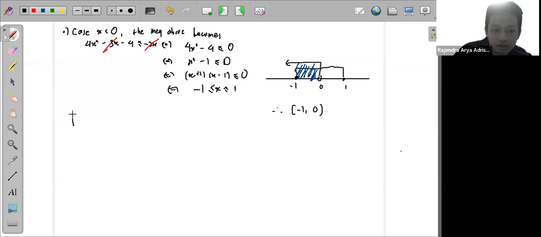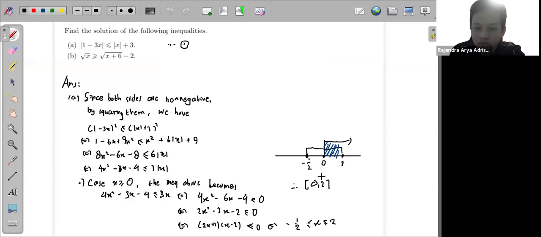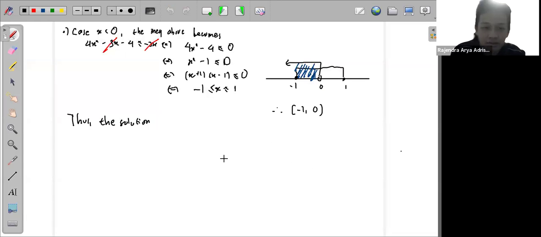Okay, so we write the final conclusion here. The final solution will be the union of both solutions we got from both cases.